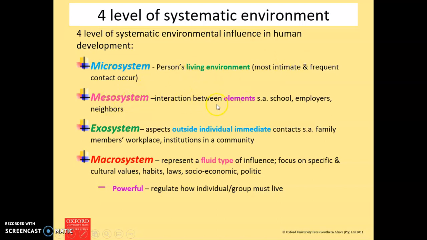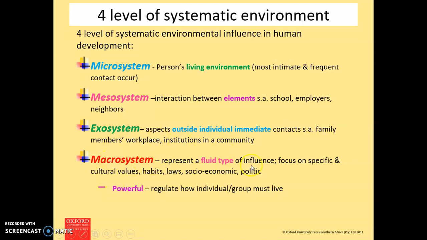Mesosystem is interactions between elements that are a bit farther from the microsystem, including school, employers, and neighbors. And exosystem is a bit outside the individual's immediate contacts, that means outside individual family members, such as institutions in the community and so on.